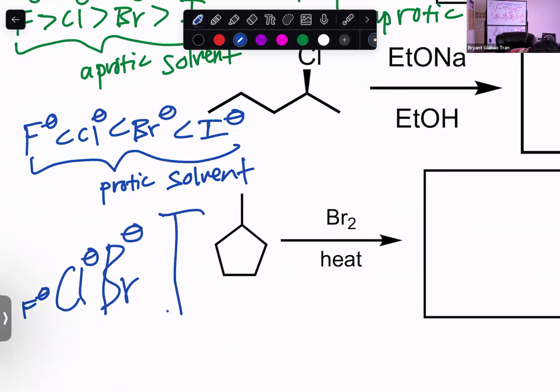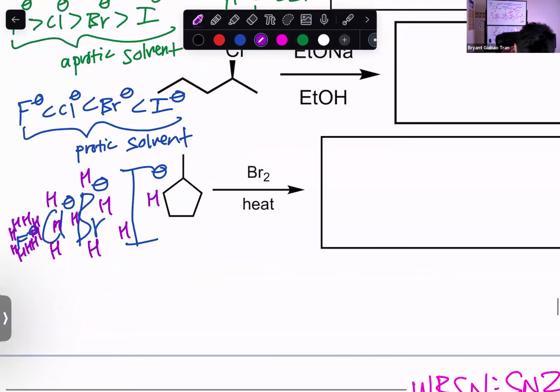Bromine is going to be something like that, and chlorine something like this. So a tighter solvation shell because of the smaller atom. Because of this tight solvation shell, it prevents that fluoride from attacking. This iodide has a loose solvation shell, so this negative charge can attack.